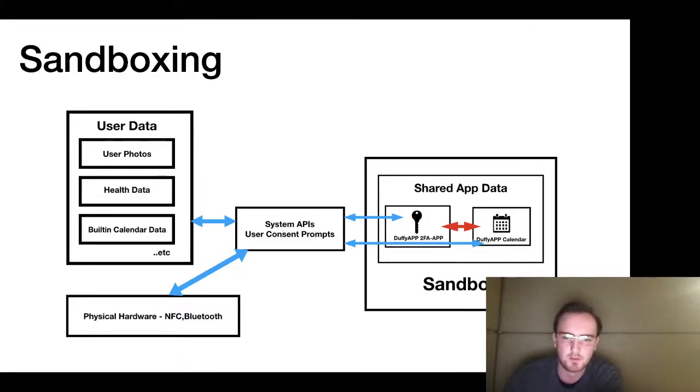What will happen is when the app boots and loads, it can then request access to certain parts of the system. This is how Apple prevents access to the full file system to any application on the device. If I'm in Duffy App Calendar, I can communicate using a system API to request access to various elements of user data, for example user photos, health data, calendar data, or maybe even access to the camera, and also the physical hardware too.